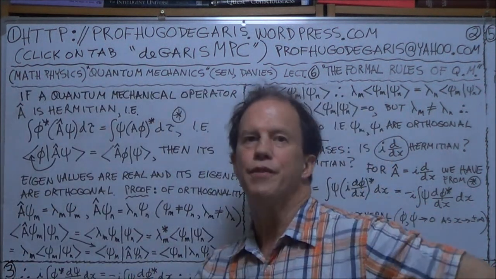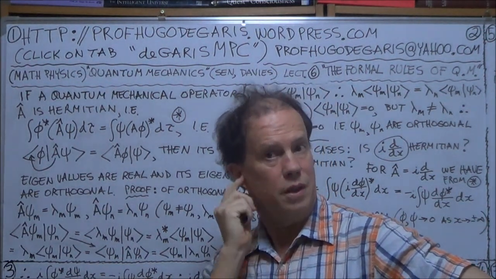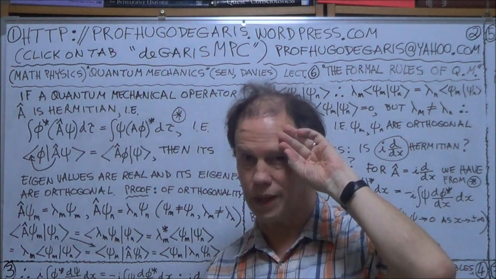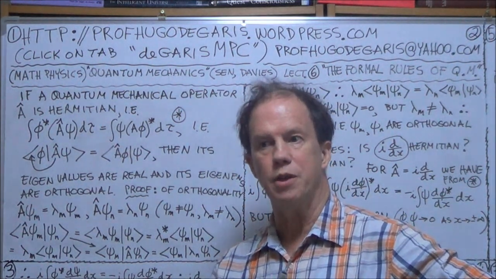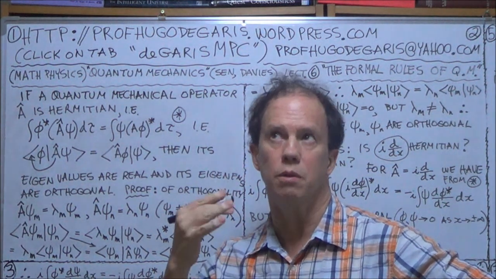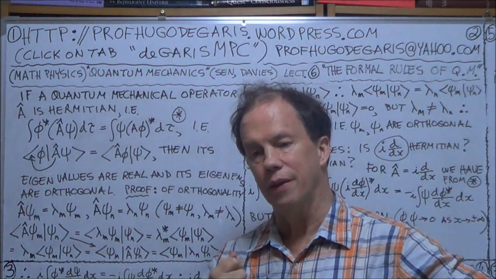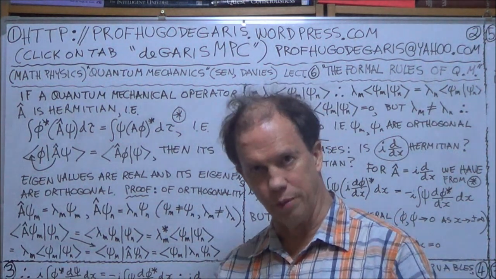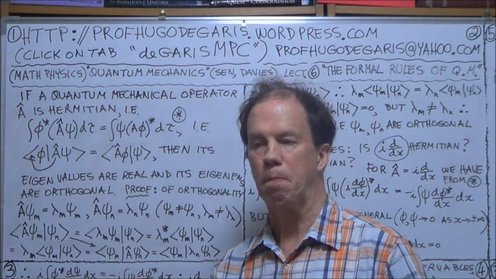In the previous few sessions we've been talking about the importance of the eigenequation to quantum mechanics, with the idea that to each observable physical quantity that you can measure, there's a corresponding quantum mechanical operator that you use in the eigenequation.